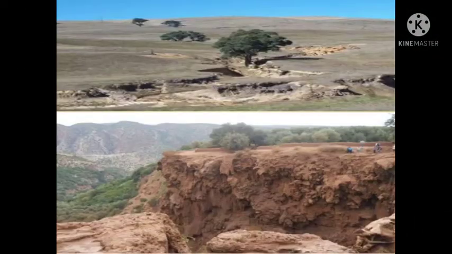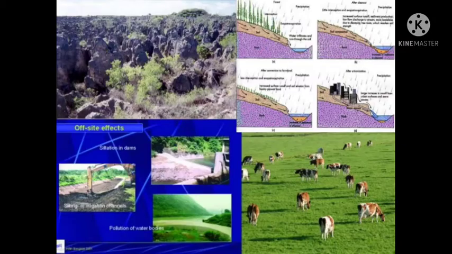You can see in this picture how human activities harm the land surface. There are no forest areas due to these activities. In this picture, you can also see overgrazing and landsliding. Such incidents destroy the land resource.